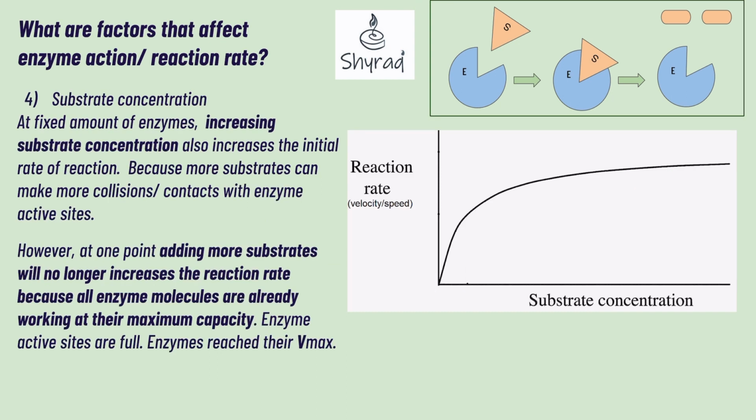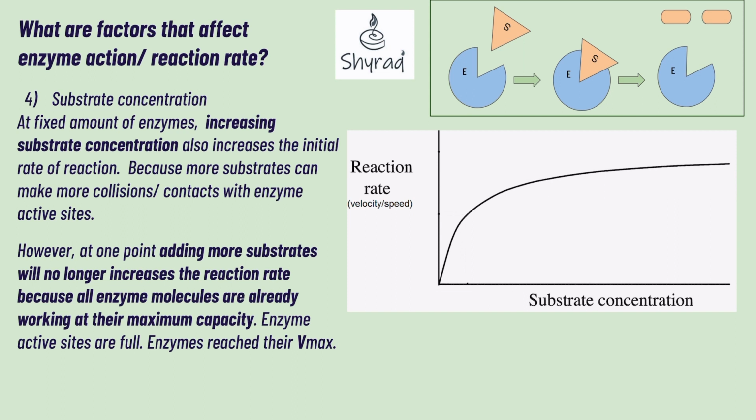The fourth factor that affects enzyme action is substrate concentration. At a fixed amount of enzymes, increasing substrate concentration also increases the initial rate of reaction, because more substrates can make more collisions with enzymes' active sites.